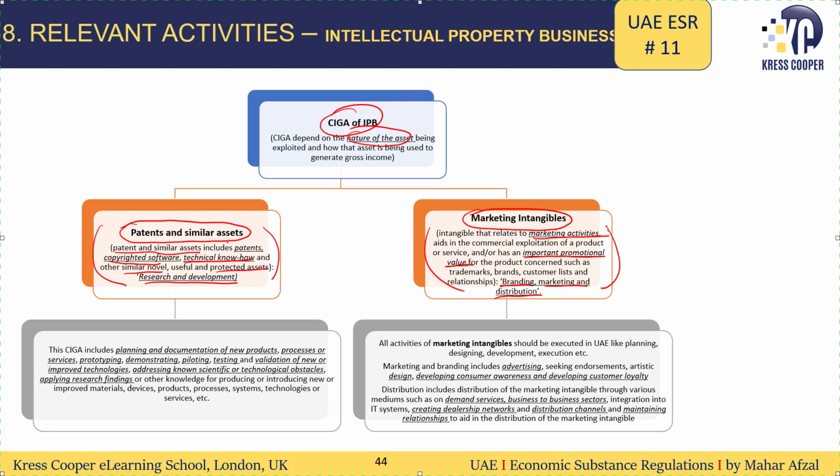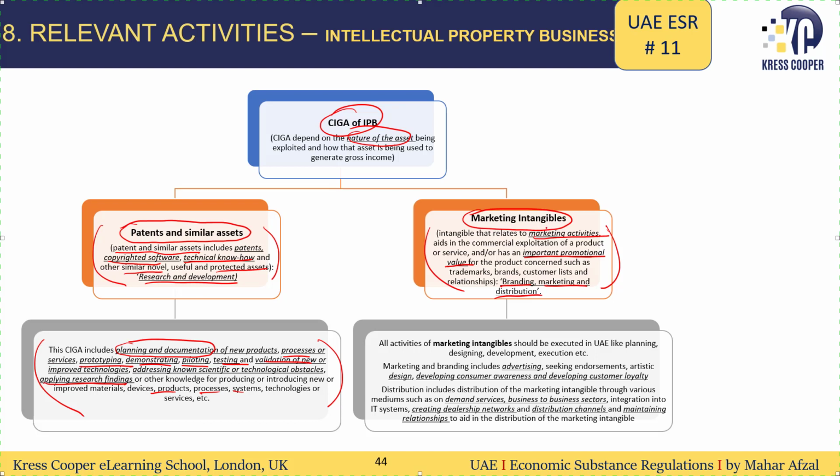For patents and similar assets, core income generating activities should be in UAE, and these activities would be planning and development, prototyping, demonstrating, piloting, testing, validation, applying research, finding, product process. All these things related to the development of the patent or related asset are required to be conducted in UAE. If all these activities are being conducted in UAE, then we will say the patents and similar assets are meeting the economic substance test.